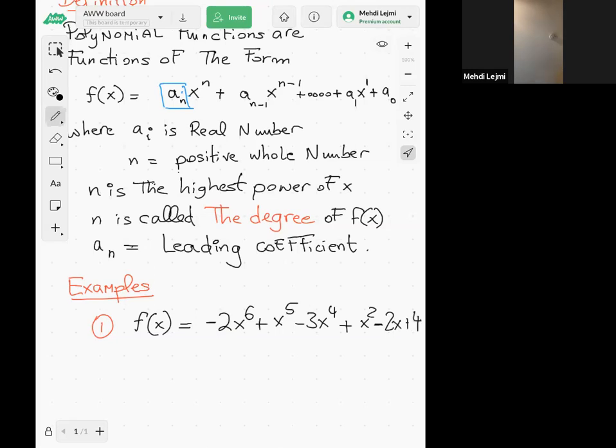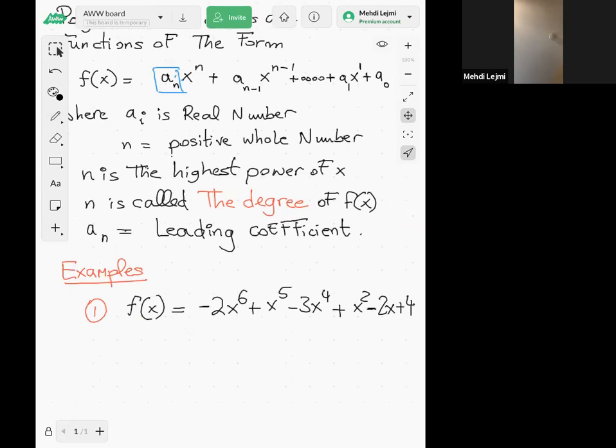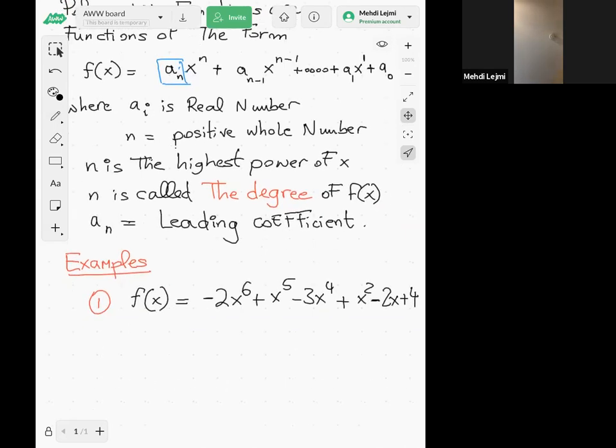You see here, guys, we have just powers of x. When you have just powers of x, it's called a polynomial. So f of x is a polynomial.